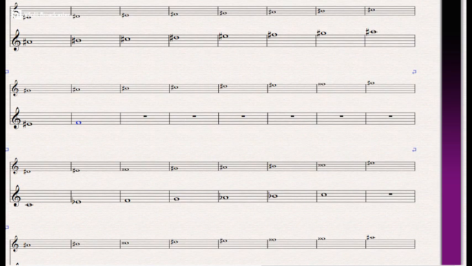Highlight the note. Put the F sharp in, or sorry, F double sharp. And then we know that everything else was going to be sharp anyway. So G sharp, A sharp, B sharp, C sharp, D sharp, back to E sharp.